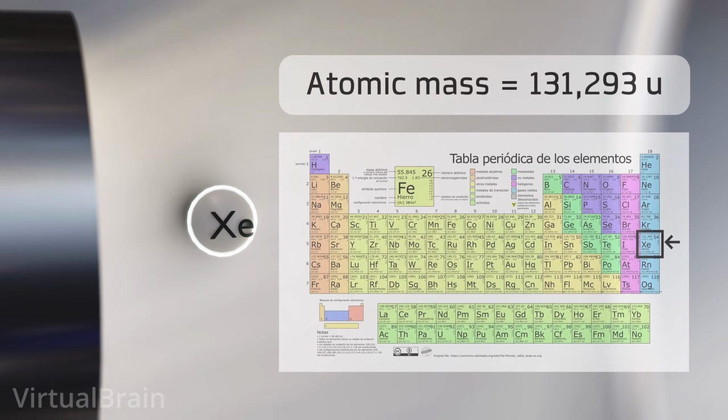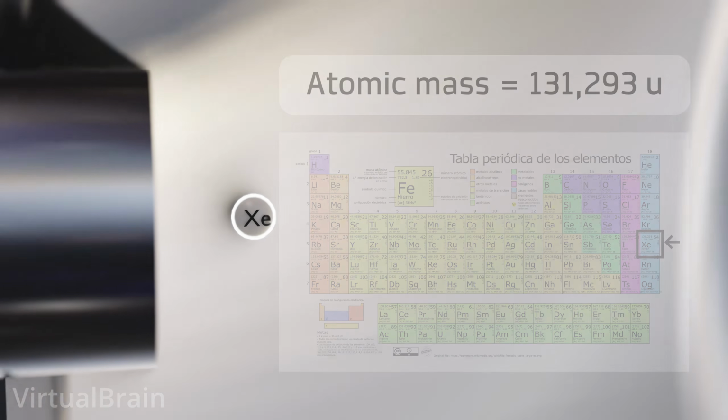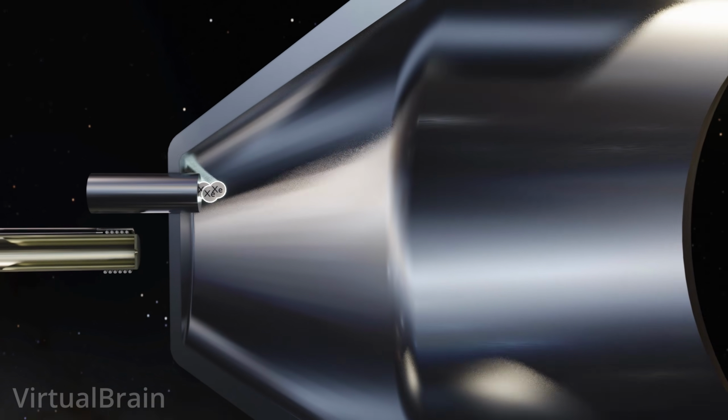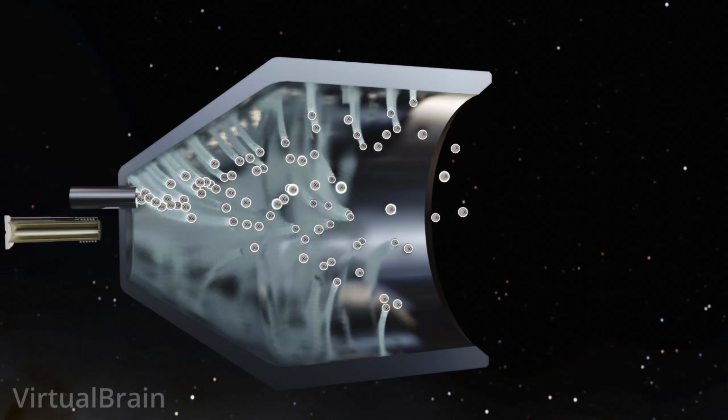That is to say that in normal conditions it is presented as individual atoms with neutral charge, which does not react easily with other elements, and therefore facilitates the handling and storage. But more important than that, it is an element with a high atomic mass, which, as we will see later, is extremely important for the operation of the propellant. At this point, if we let the xenon in, nothing will happen, it will simply disperse and come out of the open end of the container.